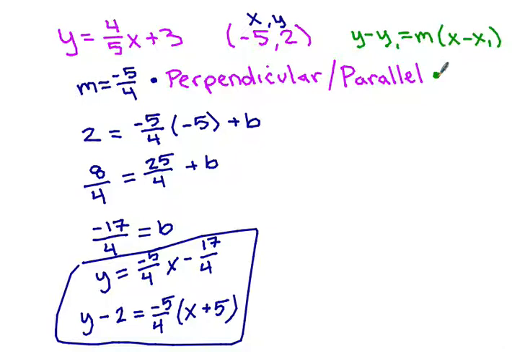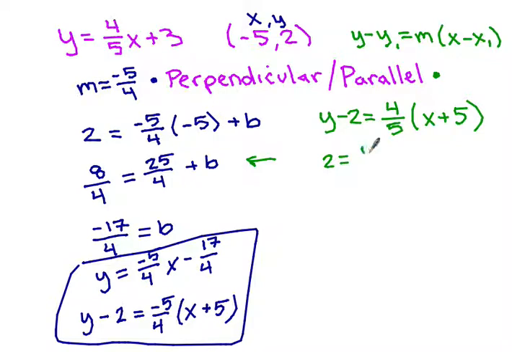So the easiest way to do this would be point slope form. So we've got y minus 2, stays the same, equals, now our slope is the same, so it's still 4/5 times x minus x1, so plus 5. Boom, I'm done. Or you could go through the same process we did over here, and we would figure out that 2 equals 4/5 times -5 plus our b.